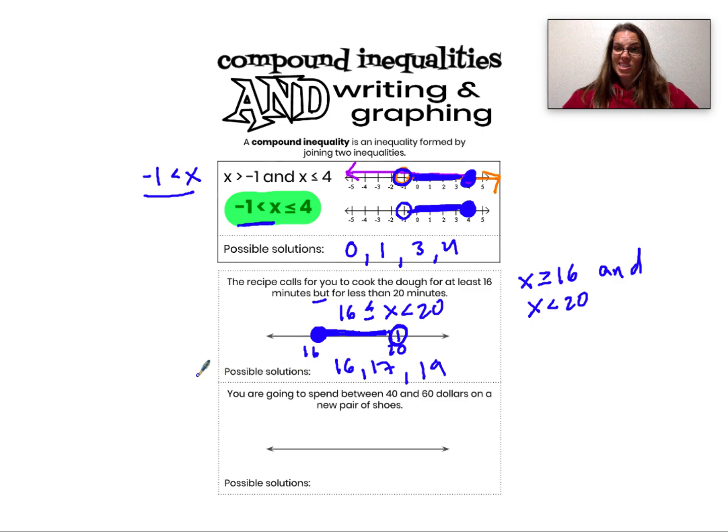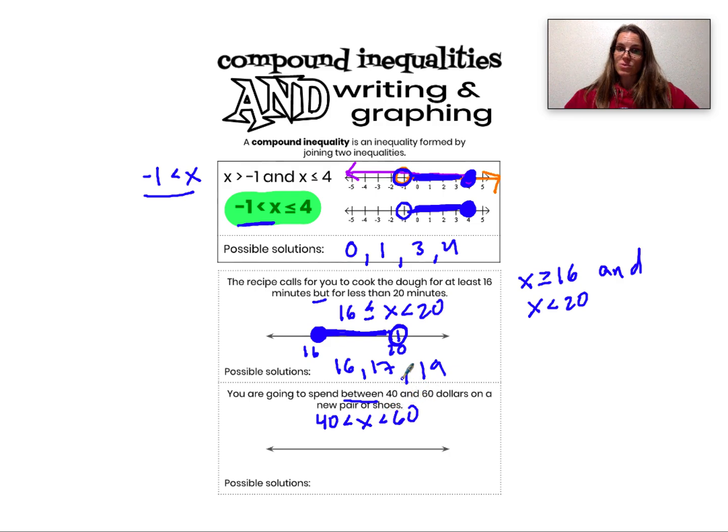Last example is a little controversial. You are going to spend between $40 and $60 on a new pair of shoes. Now "between" is definitely an "and", but in earlier math classes you were taught that "between" did not include the maximum or the minimum, the two boundary values. You were taught that "between" would be written like this: 40 is less than x is less than 60.